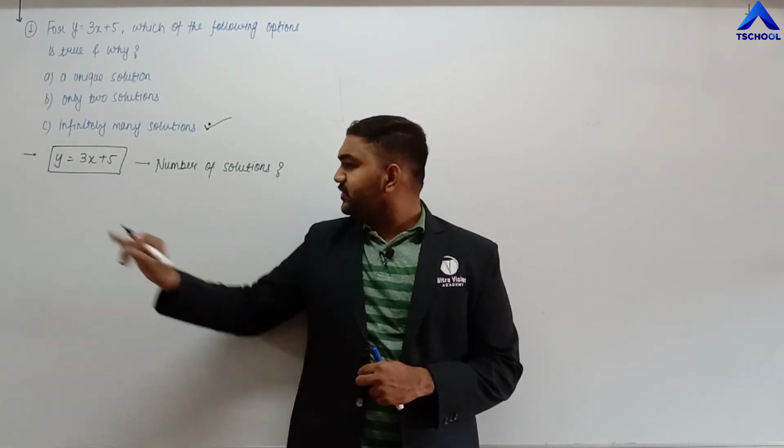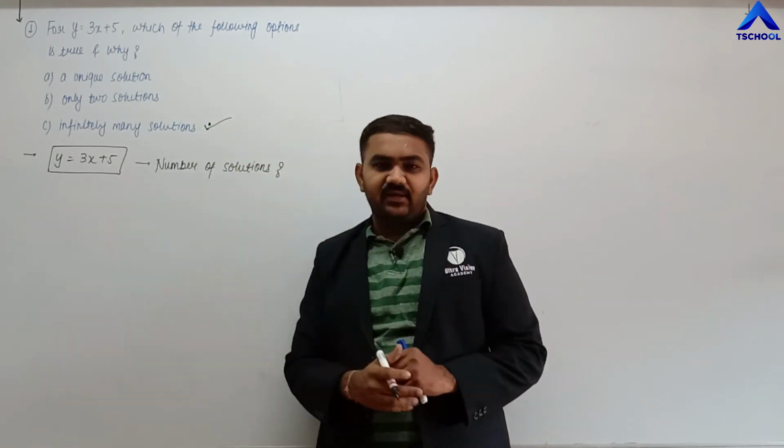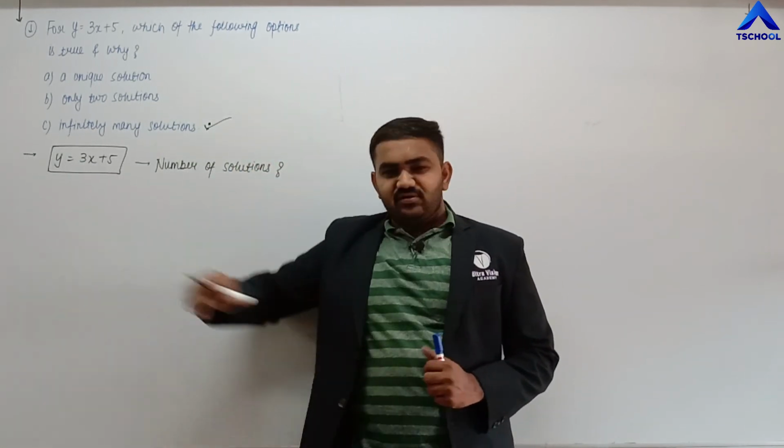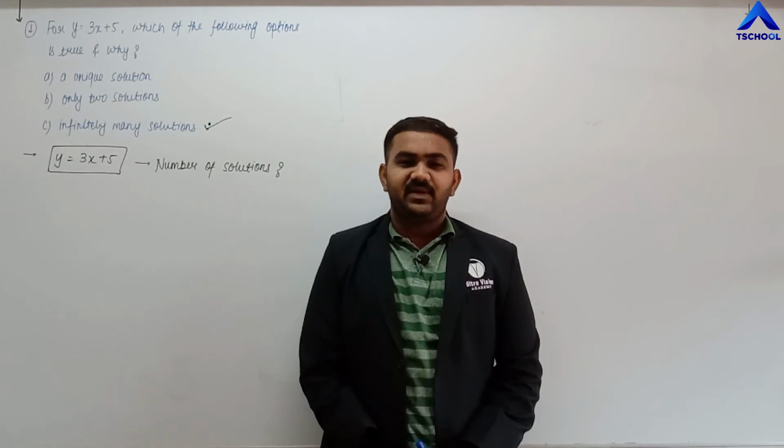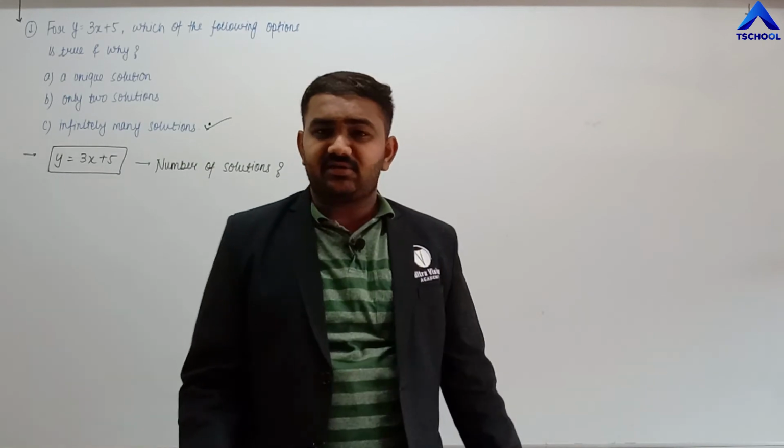As I said, all the variables here are basically real numbers. So all the values of this variable x will be real numbers, and there are infinite real numbers. Yes or no?